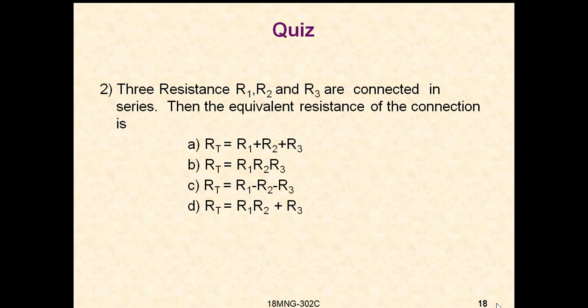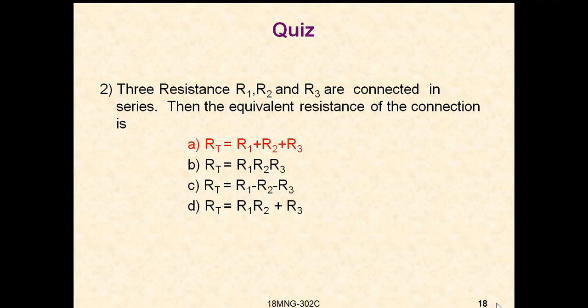And option D is RT is equal to R1 into R2 plus R3. Yes, when the three resistors are connected in series, the equivalent resistance will be the sum of all the three. That is, RT is equal to R1 plus R2 plus R3. So the option is A.